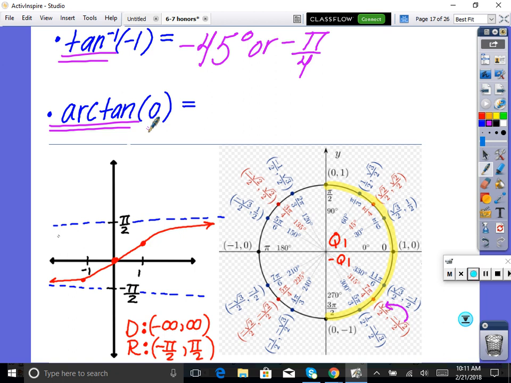We have an angle where y divided by x, isn't that what tangent is, is 0. What angle is that? 0 degrees or 0 radians, right? Can I say 2 pi? No, because that would not be in the interval from negative pi/2 to pi/2.